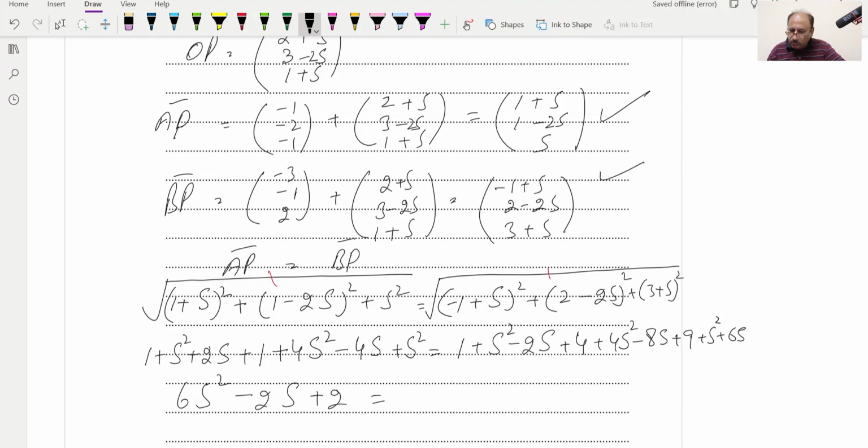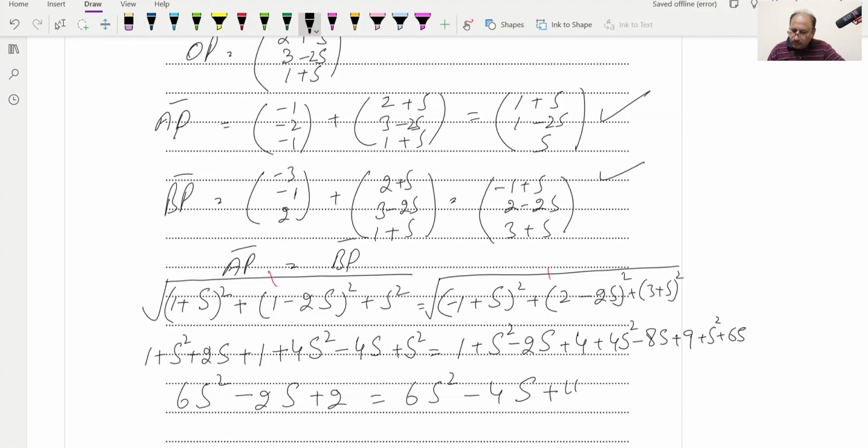On this side, 4 plus 1 plus 1 will be 6s squared, and the s values are 8 minus 8 minus 2 which is 10, and 10 plus 6, so minus 4s, and the constants are 4 plus 1 is 5, 5 plus 9 will be 14.